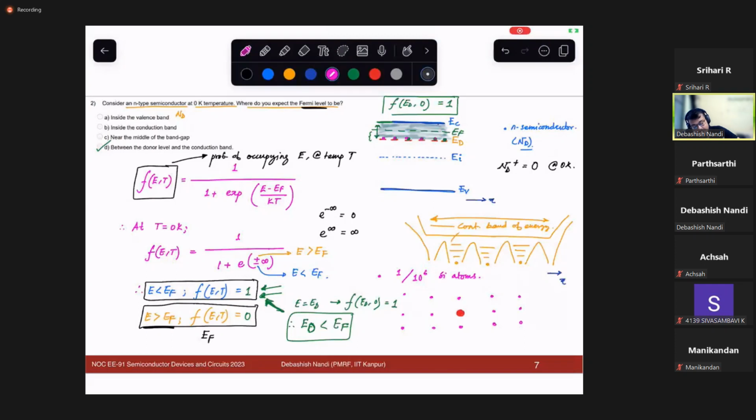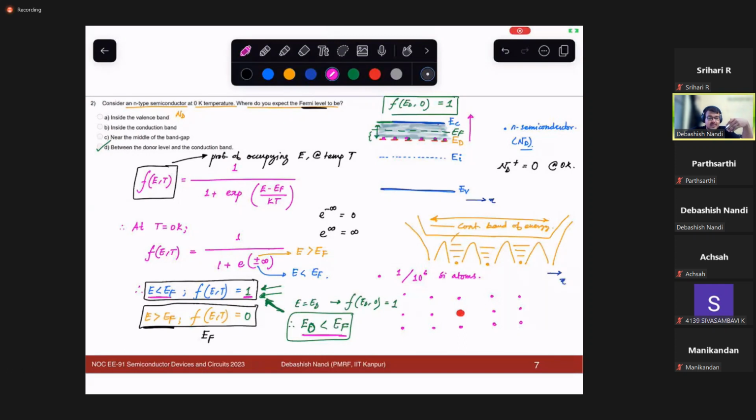And from the Fermi-Dirac distribution, we know that at 0 Kelvin, if your Fermi level is greater than that particular energy level where all the electrons are, that means EF has to be greater than ED. If EF has to be greater than ED, it can lie anywhere above ED. Now what is the upper bound? Why EC? It has to be below EC.